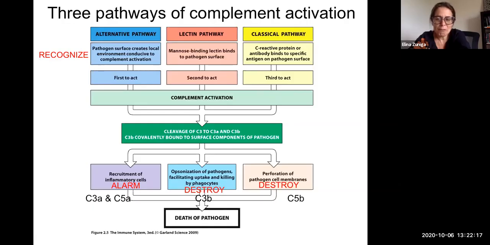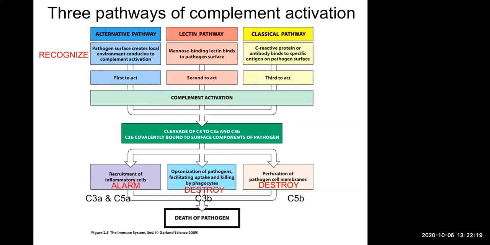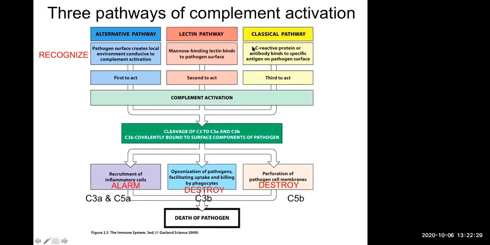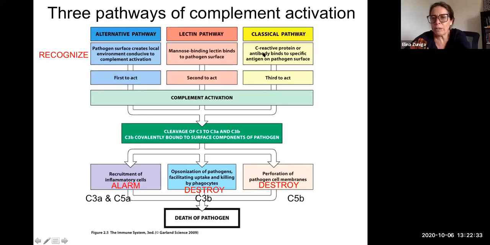Any brave one? Is it because it requires the adaptive immunity? Yes, excellent, excellent. That's the way I want you to study, by thinking. We mentioned that it requires antibody or C-reactive proteins that are produced by the liver later in the immune response.